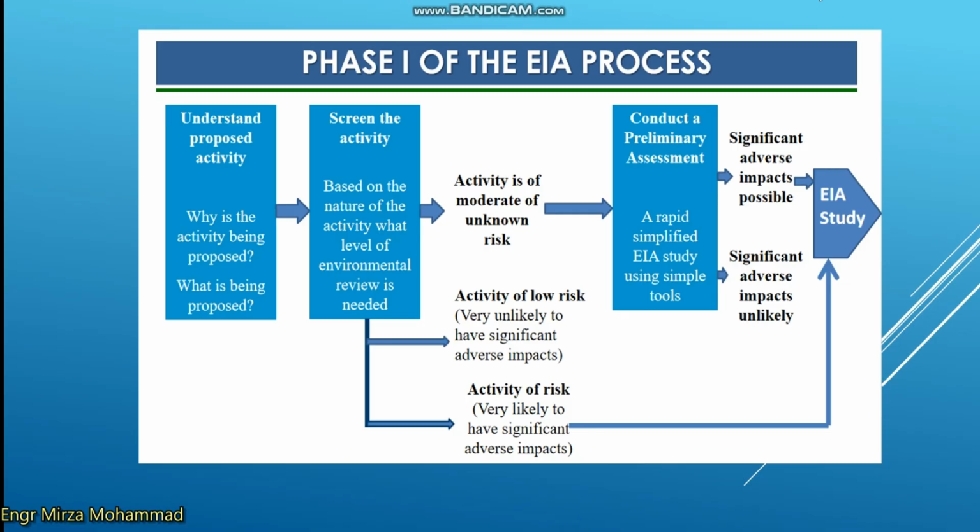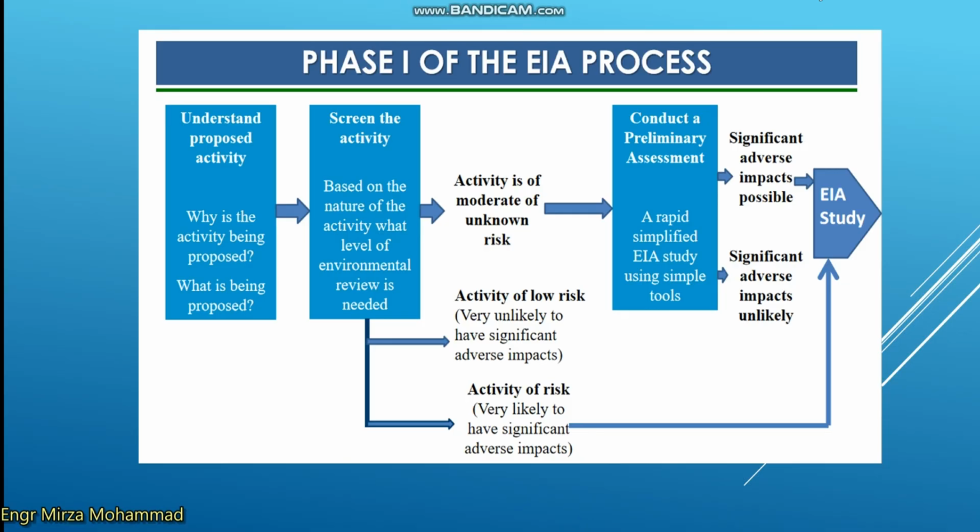After clearing these questions, we have to move forward and see the screen activity. Based on the nature of the level of environmental impact that the project has, it can be again categorized into three categories, that is moderate, low, and high risk.